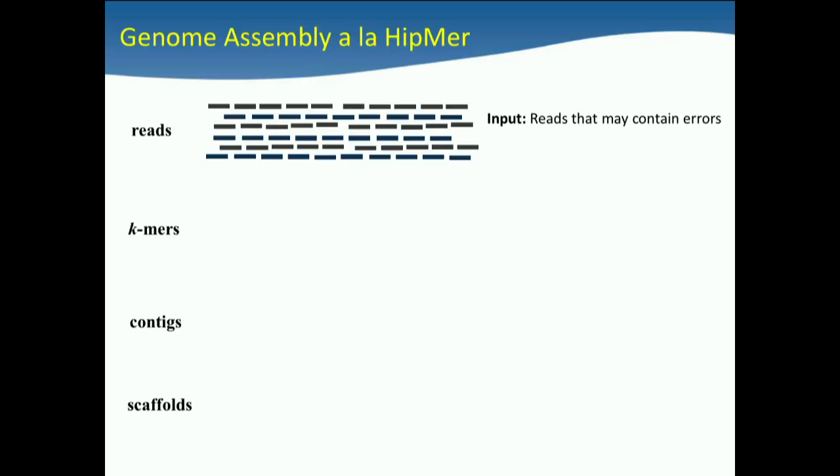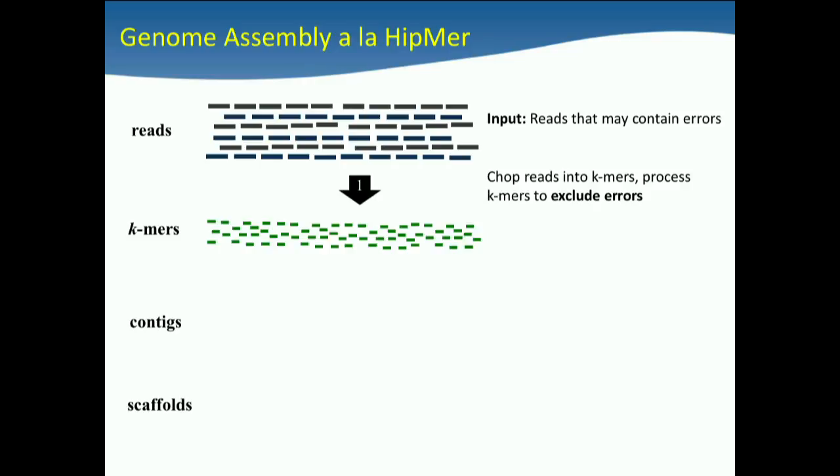So HipMer is a high-performance genome assembler, De Bruijn-based, and it's based on an earlier serial assembler called Meraculous. The way HipMer assembles genomes is it starts from the reads, and it cuts these things into even shorter sequences called k-mers, something like 51, 61, some number like that.